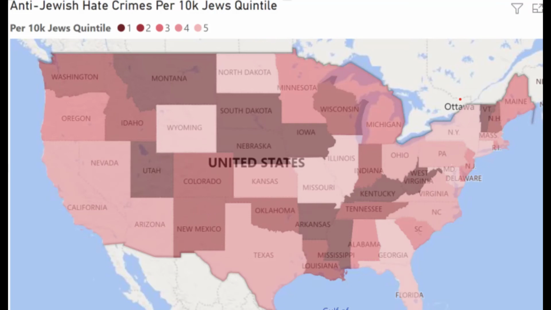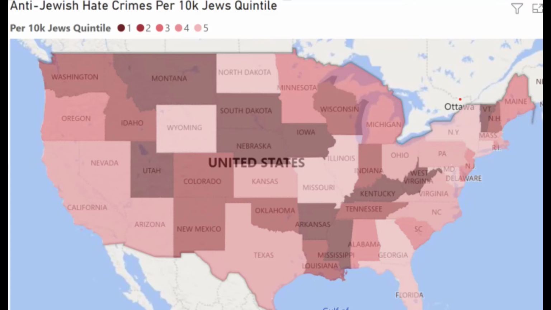So now we might be thinking, oh, okay, so actually it's not Colorado that has one of the highest rates. It's a place like Utah or Nebraska or Arkansas. But there's another problem here when I look at this. Virtually every state that is in that top quintile has a very small population of Jews.